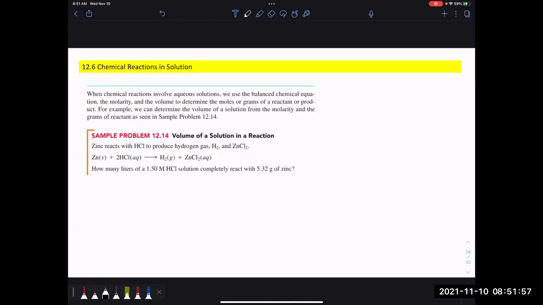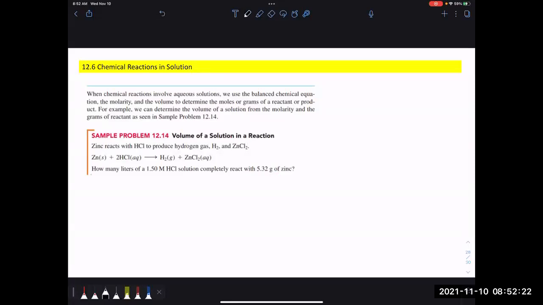So we got zinc reacts with HCl to produce hydrogen gas, which they very kindly give you as H2, and zinc chloride. How many liters of a 1.5 molar HCl solution completely react with 5.32 grams of zinc?